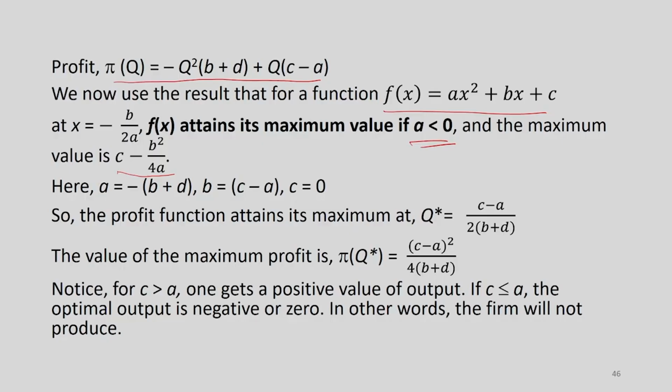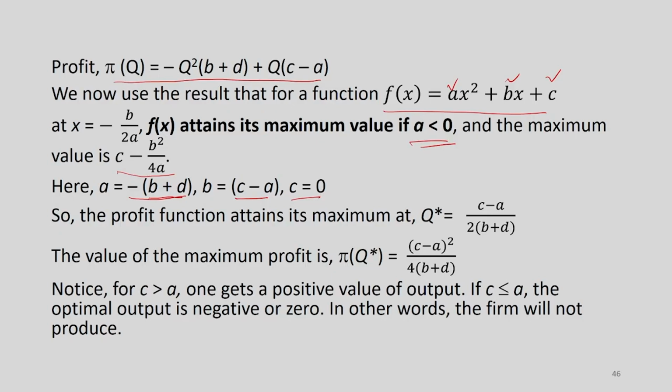So, here we have to compare how we can interpret the a and b and c here. Here a will be minus of (b plus d) and b is equal to (c minus a), and there is no c term, there is no constant term. Okay. So, this is a case where a is negative, because b and d are positive. So, minus of (b plus d) is negative. So, this function will attain its maximum value, that we are sure.